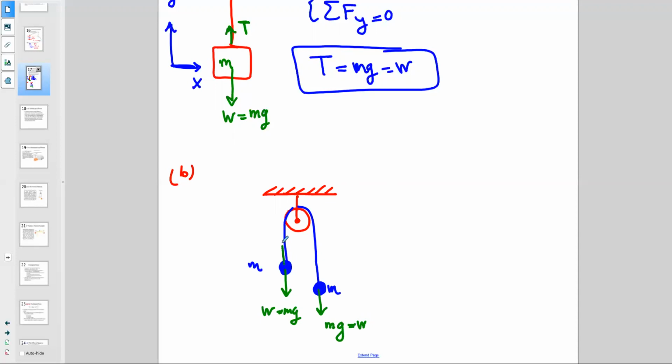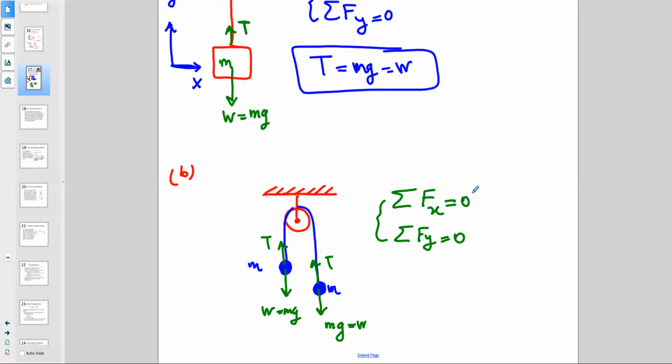Okay, and then we have T up, the tension. Remember, the pulley is just changing the direction of the tension. So if these two objects, or this system, stays at equilibrium, that means for each object we have equilibrium. So for each object, I can write sigma F of x and sigma F of y to be 0, okay?